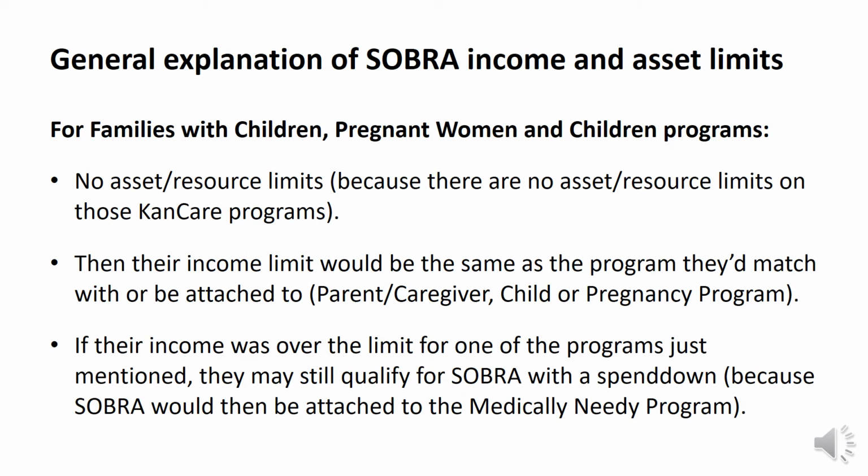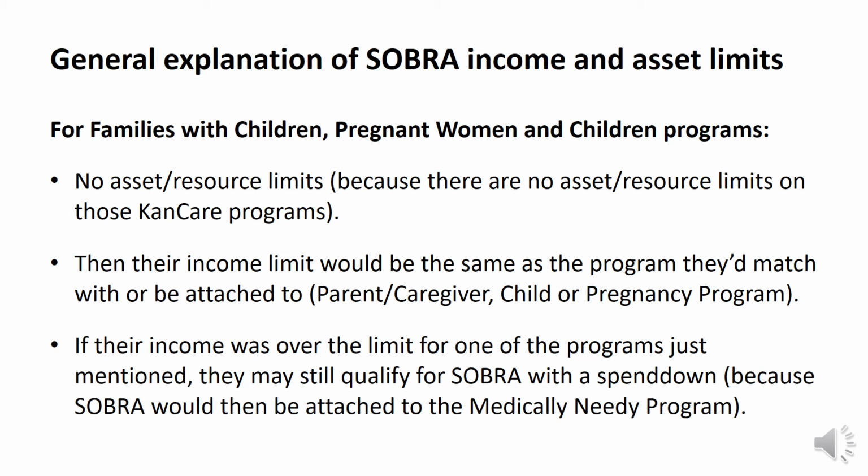So a general explanation of SOBRA income and asset limits. For families with children, pregnant women, and children's programs, there are no asset or resource limits because there are no asset or resource limits on those KanCare programs. So they won't be for the person eligible for SOBRA. Then their income limit would be the same as the program they'd match with or be attached to. So if they are a parent or caregiver of a child under 19, then they'll have those same income limits.